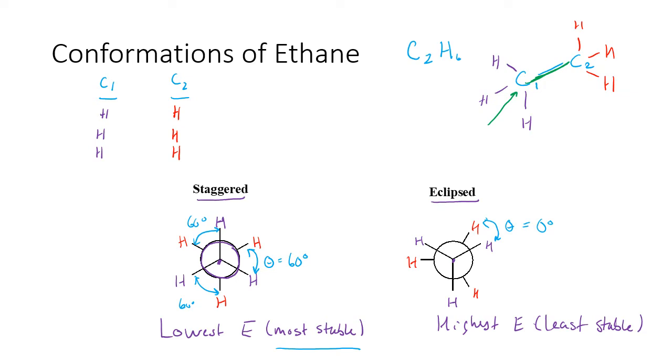So this is our least stable conformation, because having that dihedral angle of 0 is going to cause some types of steric strain and torsional strain by having those electron clouds and atoms in close proximity to one another. So it's less favorable to be in an eclipsed position.